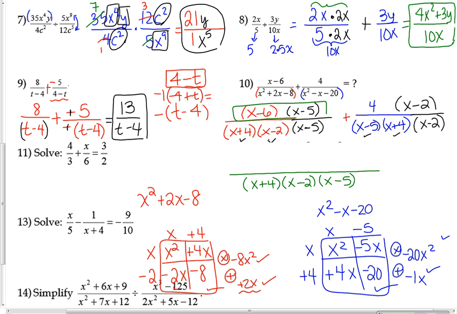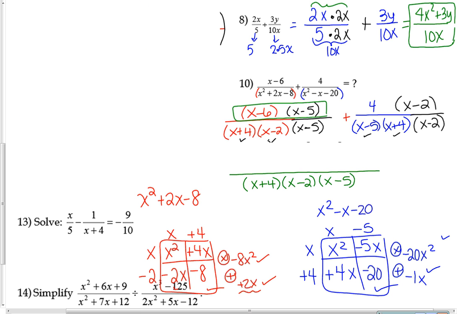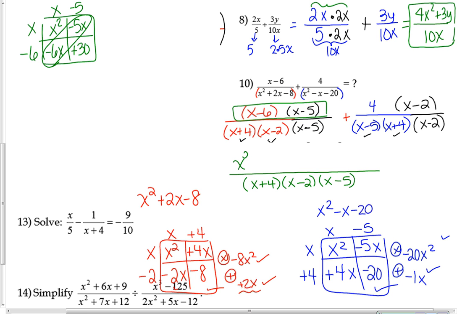On the top, in order to put these two together, I'm going to need to FOIL them out, or I can multiply using my area method, where I have x minus 6 times x minus 5. If I multiply them, I have x squared minus 5x minus 6x plus 30. Combining like terms, I can write them on the top of my fraction now. I have x squared minus 11x plus 30.